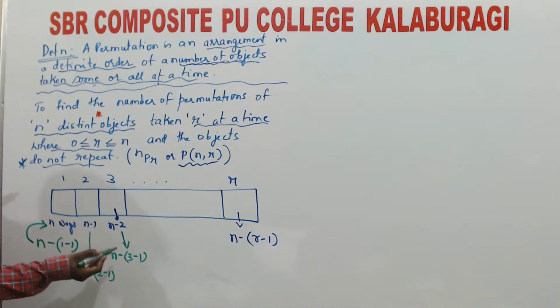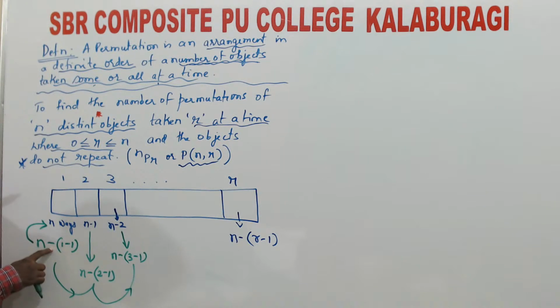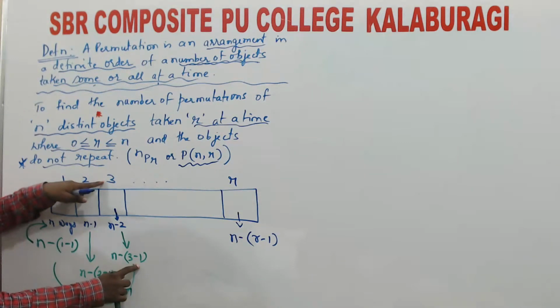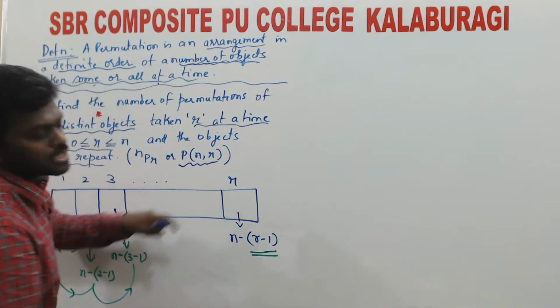So if you observe the pattern, the first box can be filled in n ways. It is following some sequence. This is n minus of 1 minus 1, the second box is 2 minus 1, the third box is 3 minus 1. So similarly, the r-th box will be r minus 1.